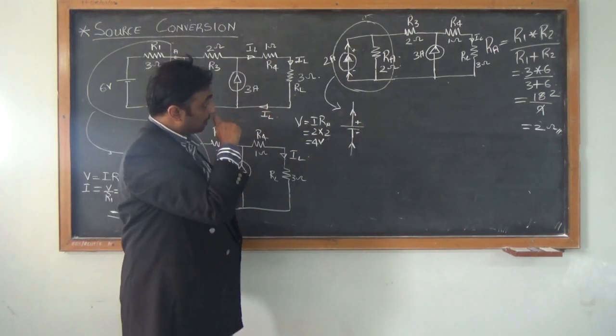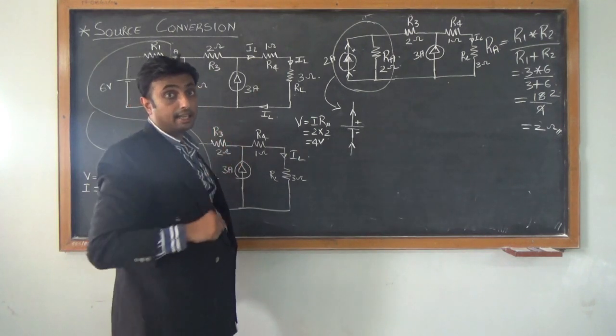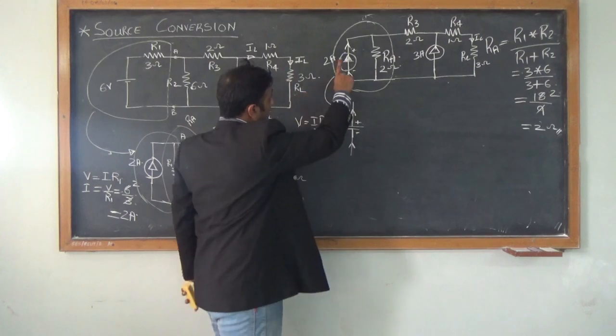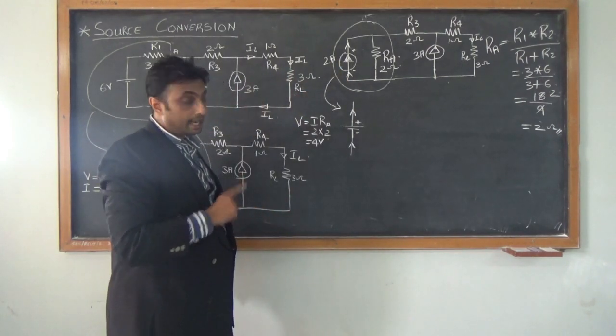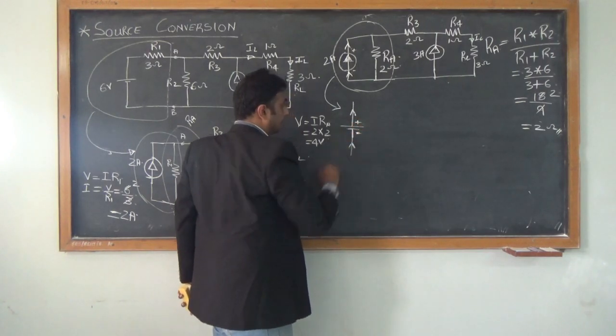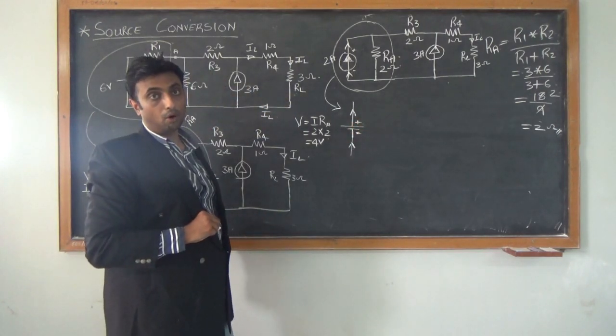So always remember, sign convention plays a key factor here. Whichever direction the arrow follows, in that direction your positive will come and your negative also will come automatically.